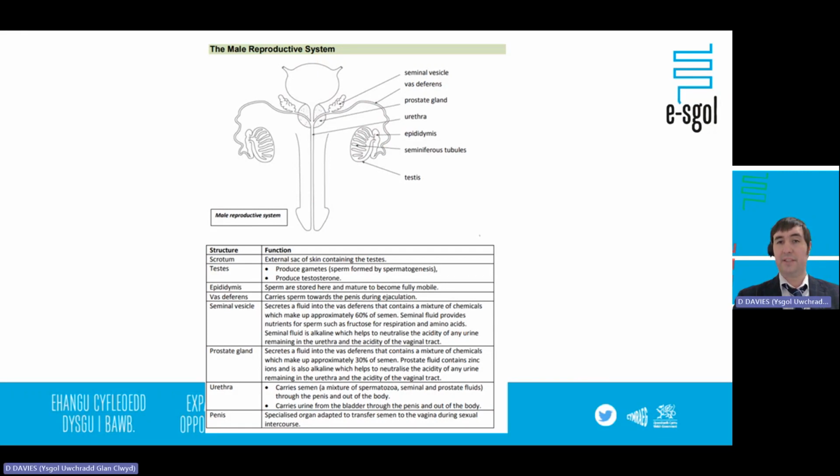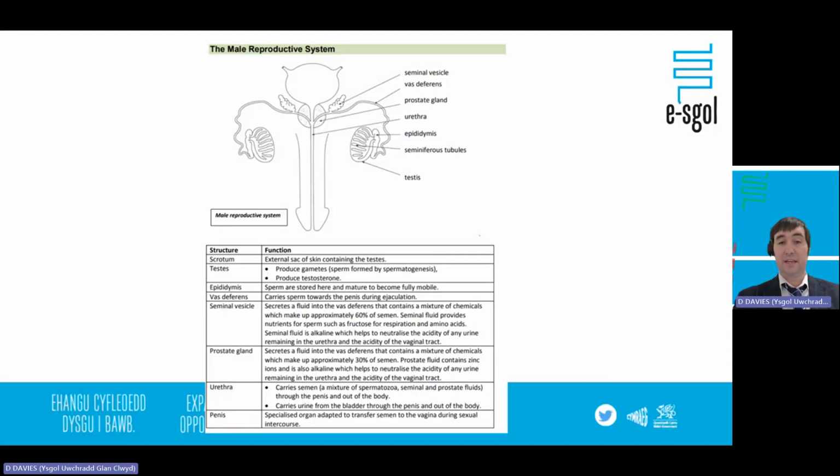That fluid contains lots of nutrients that enable the sperm cells to survive, so they can take nutrition for respiration in order to survive their long and arduous journey. The seminal fluid is also slightly alkaline, which helps neutralize any acidity that may be left in the vaginal tract after any urine.